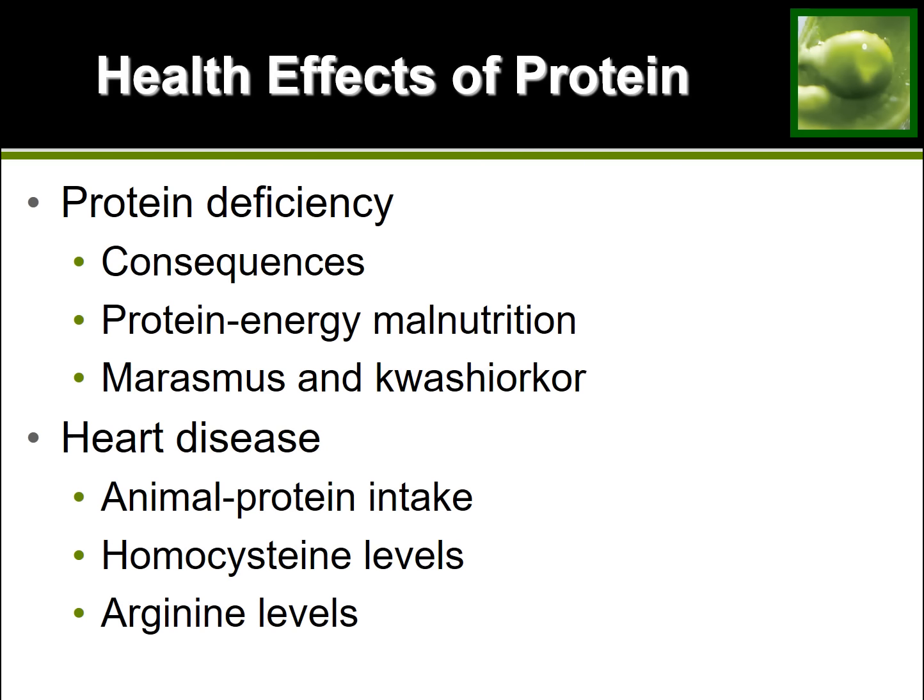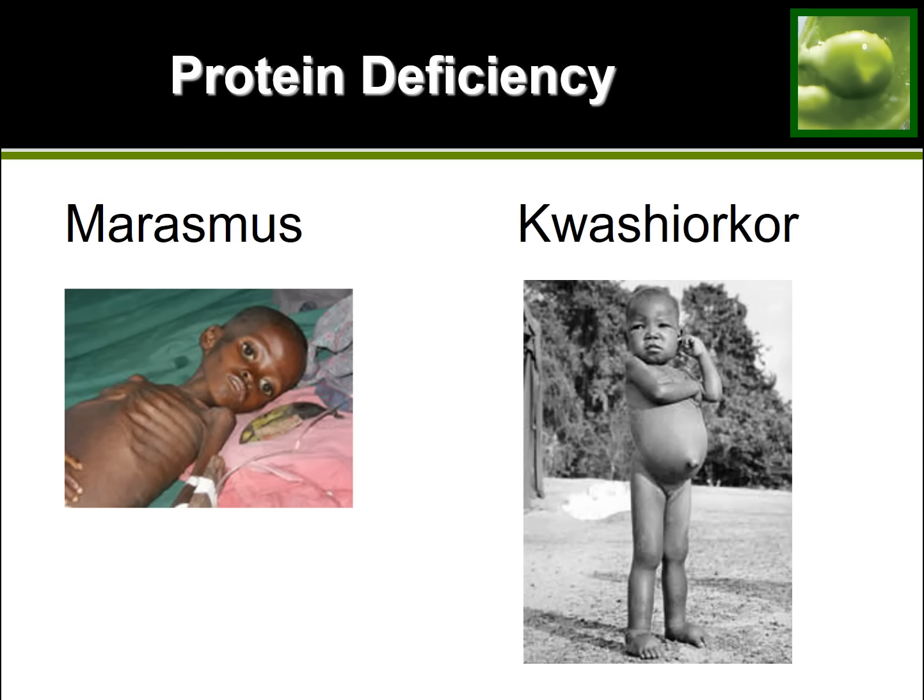Now, on the other end of the spectrum, we have people who aren't getting enough protein. And we have two main types of diseases where there is protein deficiency, and those are marasmus and kwashiorkor. And let's go ahead and take a look at what those look like. So on the left-hand side, you have marasmus. That is one protein deficiency condition.